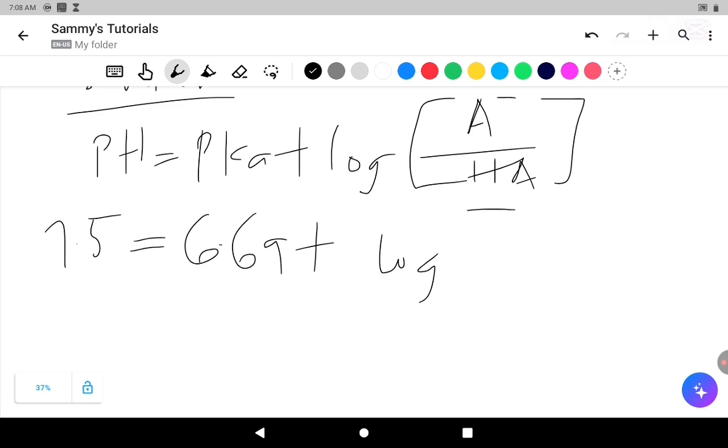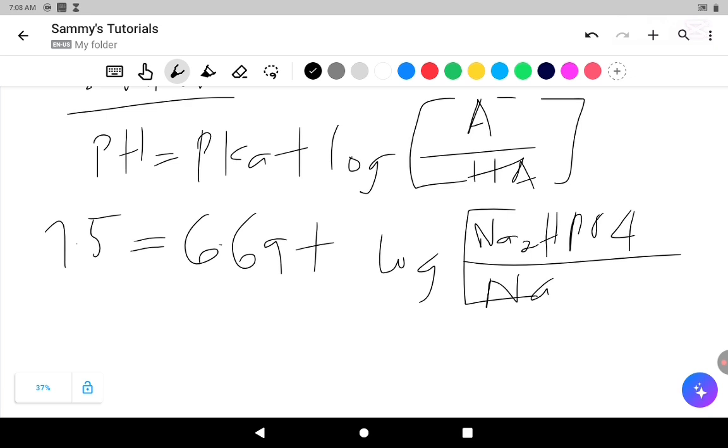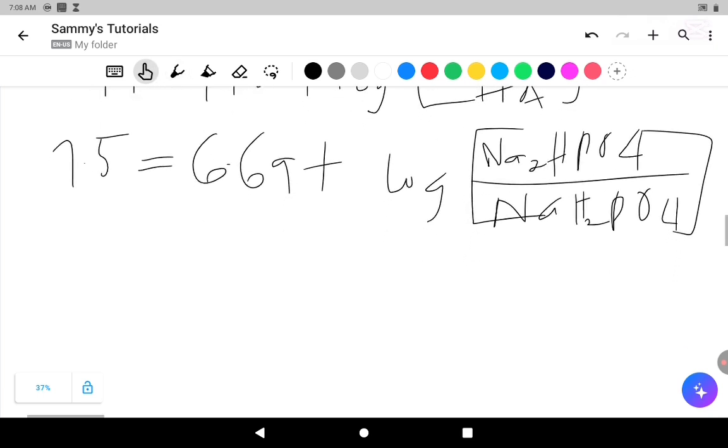Now that you know the weak acid and conjugate base, you easily put them: conjugate base Na2HPO4 all over NaH2PO4. Easy, right? Can we proceed?